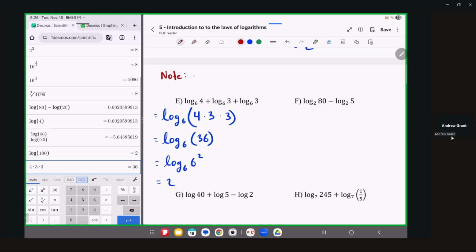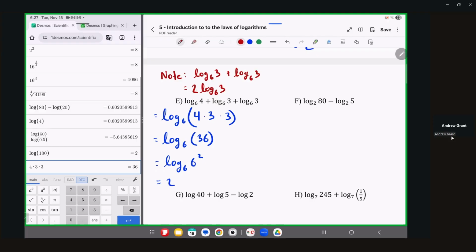As a note, if you have log base 6 of 3 plus log base 6 of 3, that's the same thing as 2 times the log base 6 of 3. And you might be saying, well, that somehow made it worse because we were able to get rid of one of the logarithms, but now we have something in front of this.